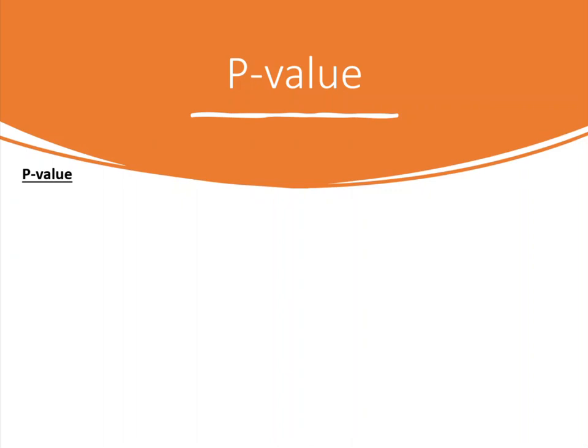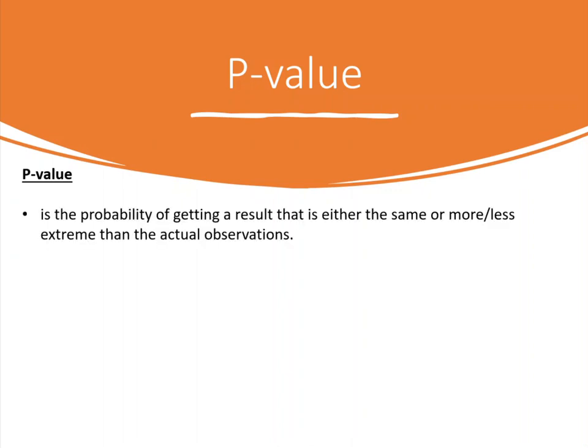That is what we would consider our p-value. Now we can define a p-value as the probability of getting a result that is either the same or more extreme than our actual observations. That's our definition of a p-value.